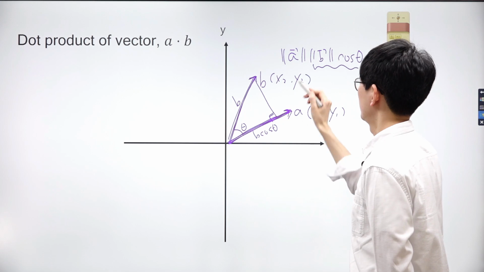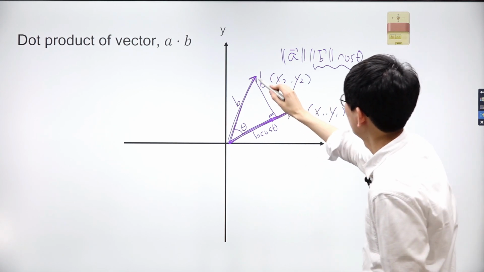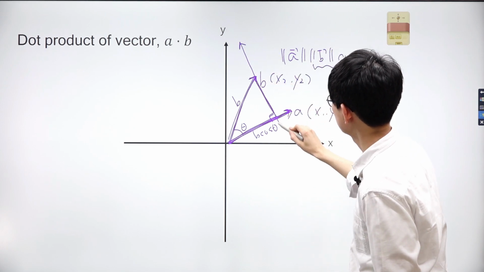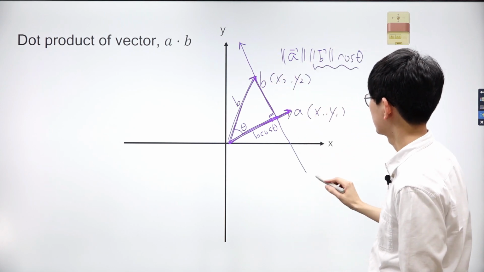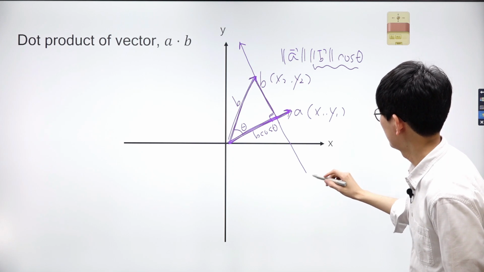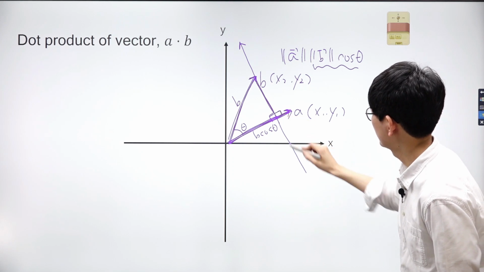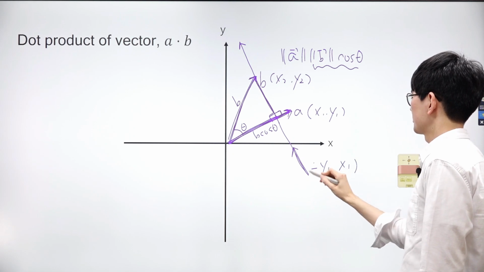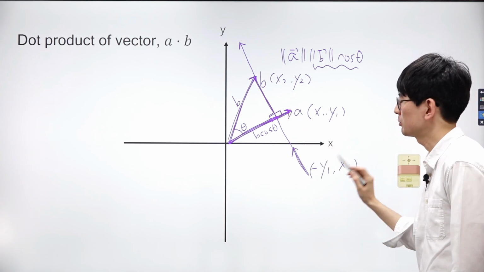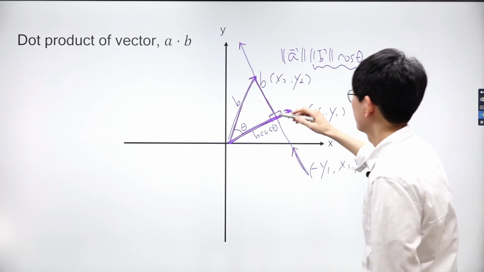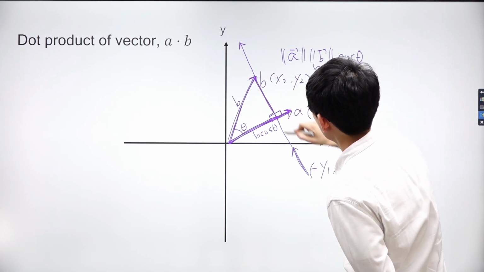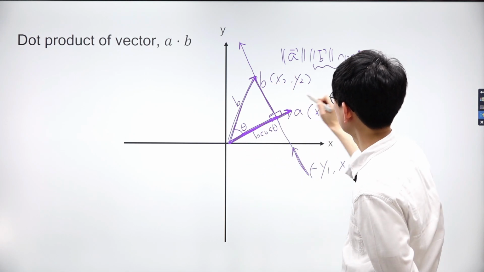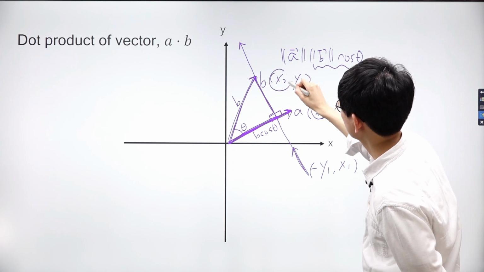If the coordinates of vector A are (x1, y1), and the coordinates of vector B are (x2, y2), then we can define a vector with the direction of this perpendicular line as (-y1, x1). However, when conducting a dot product, we disregard this perpendicular line and only consider a line parallel to vector A. As mentioned earlier, the dot product of two vectors is calculated by summing the products of their corresponding components.